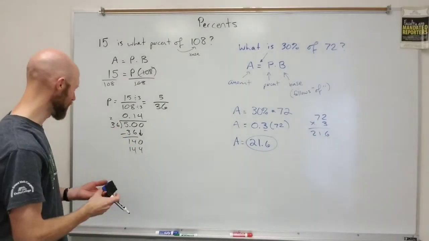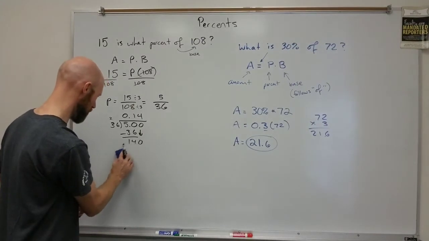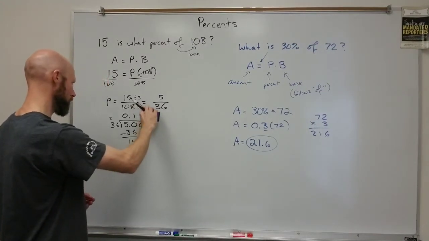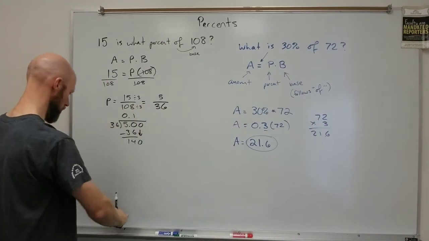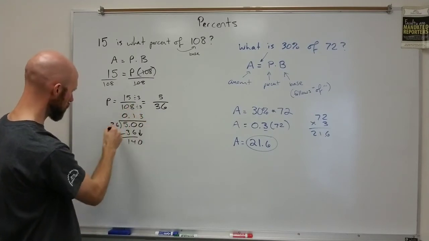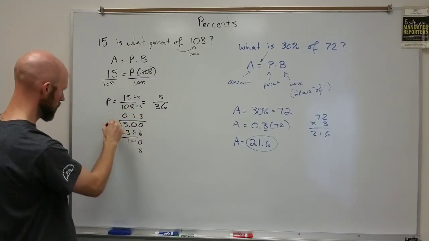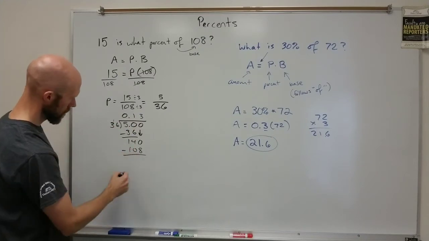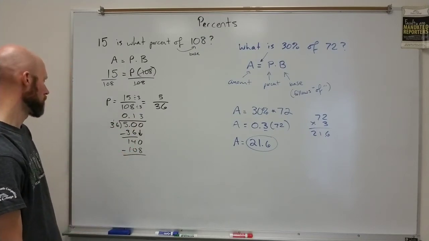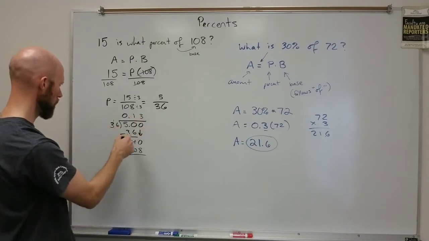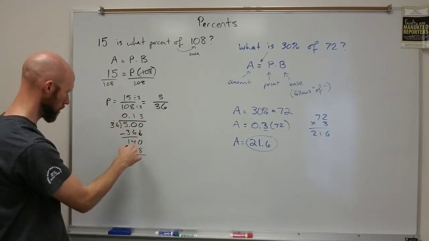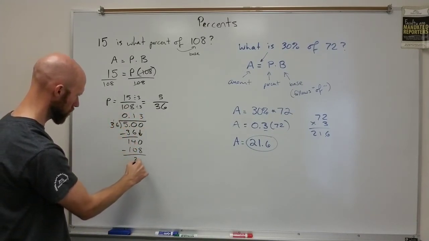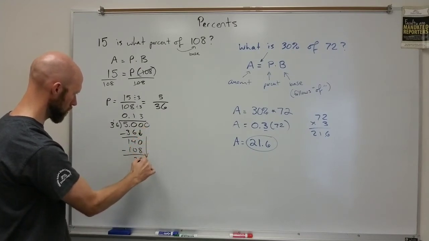That popped right over by 4 units. So I actually need 3 there. 3 times 6 is 18. Oh, yeah, 3 times 36 is 108. And then that's 32. Another 0.